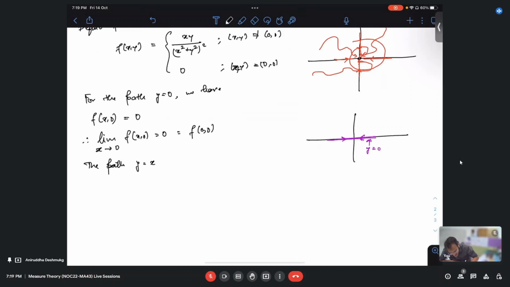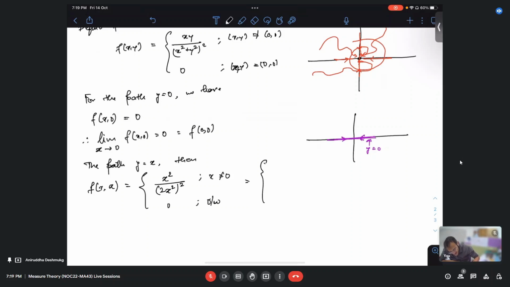But if I take the path y is equal to x, then let us see what happens. Once y is equal to x, one can write f of xx. f of xx is x square over (2x square) whole square whenever x is non-zero and 0 otherwise.